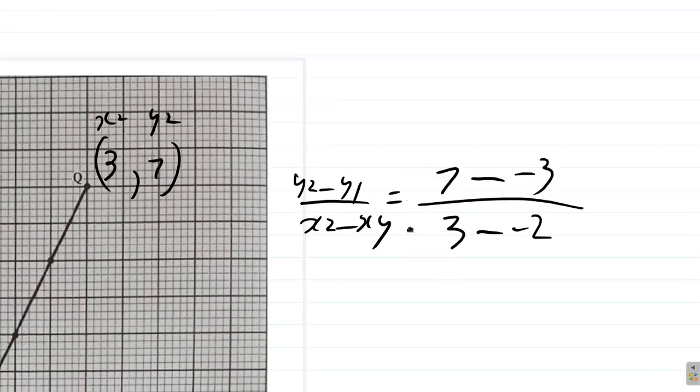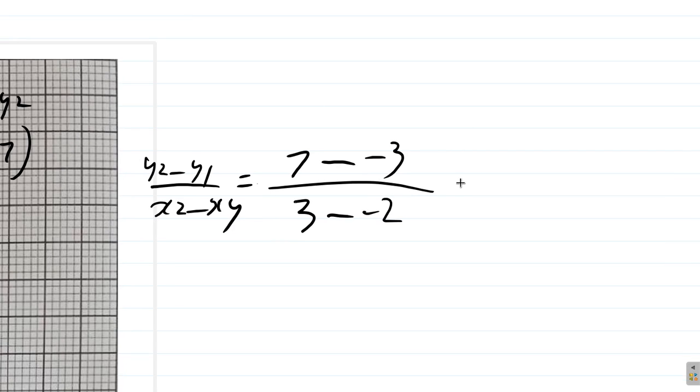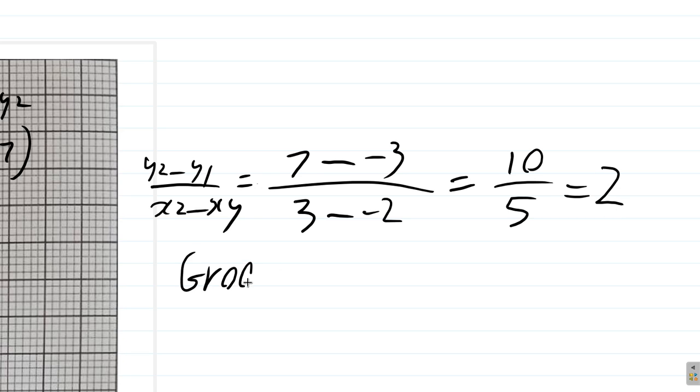Then you would say 7 minus -3 is 7 plus 3, which is 10, over 3 minus -2, which is 3 plus 2, which is 5. And again you have 2, so the gradient is equal to 2. Remember, gradient doesn't have any units to it. It's just a number. Alright?